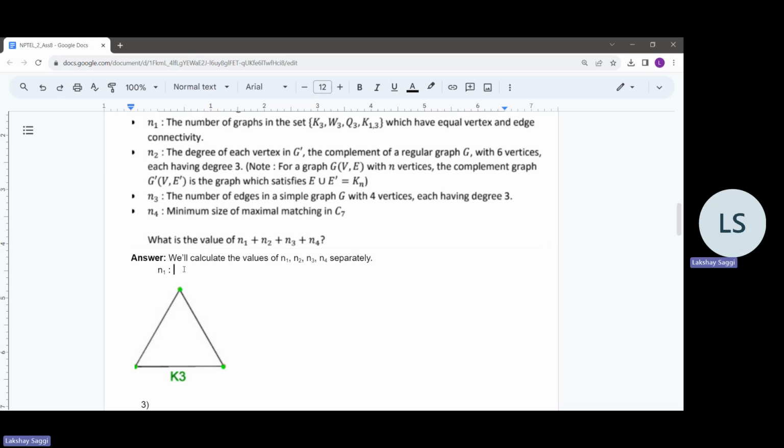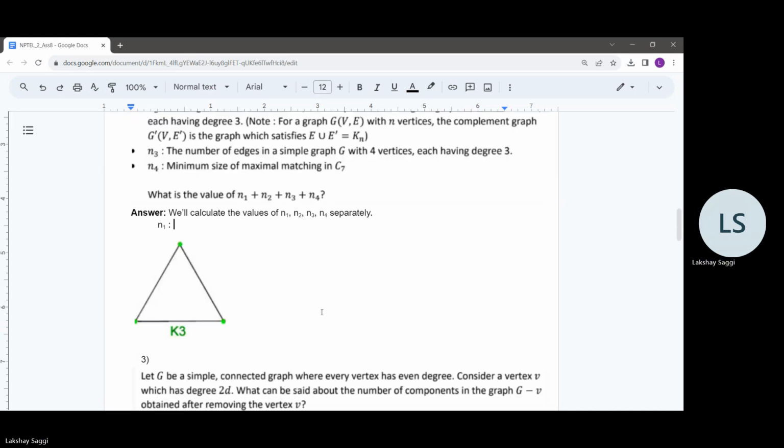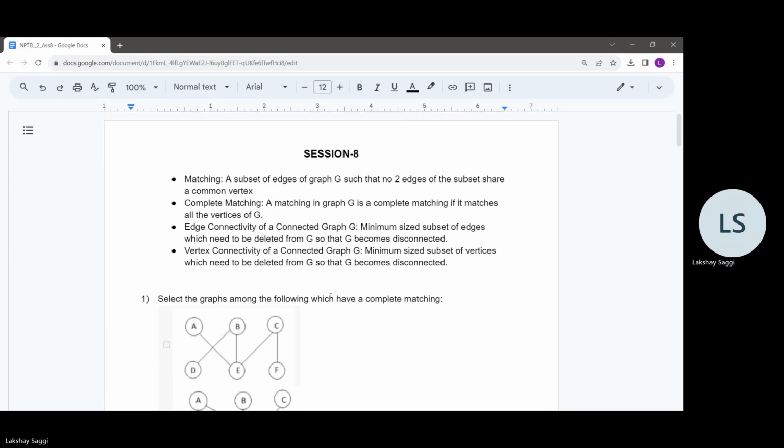To see that, we first see what's the vertex connectivity of this graph. Even if we delete one vertex, let's say the topmost vertex, the remaining graph still remains connected. Okay, so I just want to point out something.